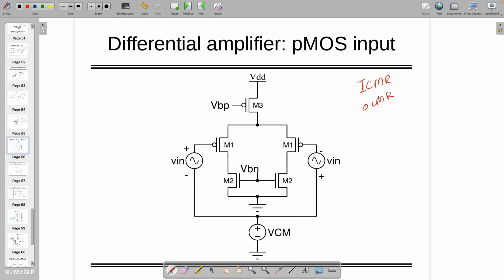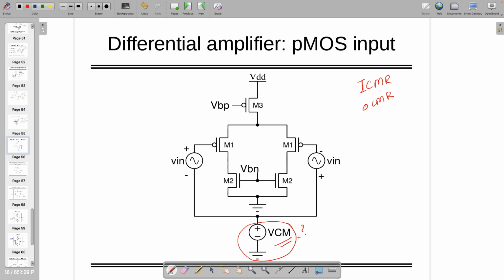It is not always the case, but most of the time, like 99% of cases, it's DC. And we are talking about how much common mode voltage you can give over here in this particular amplifier. It might be different for different amplifiers, right? So that value you need to find out.